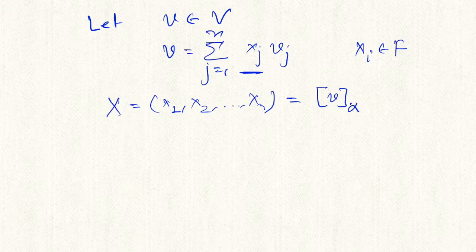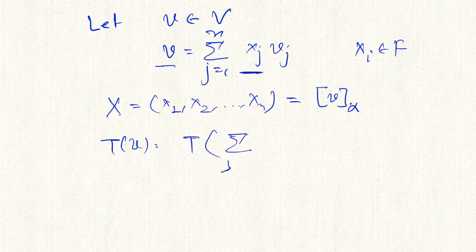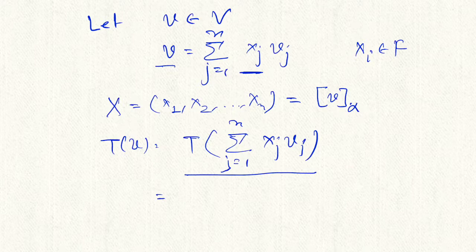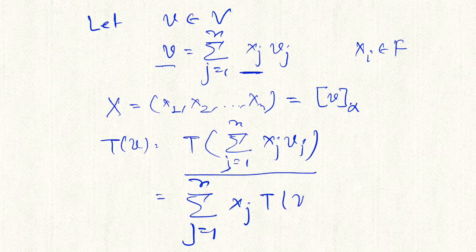Now we will look at the image of v under T, that is T(v). Then we will apply T to the summation, j from 1 to n, of xj vj. By the linearity of T, the summation will come out, and j varies from 1 to n of xj T(vj).